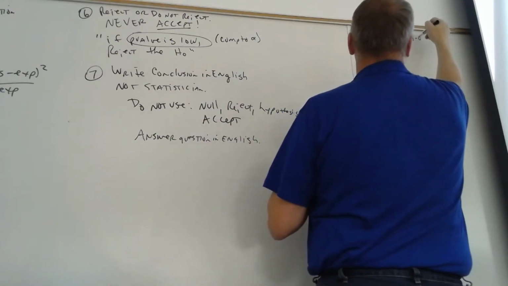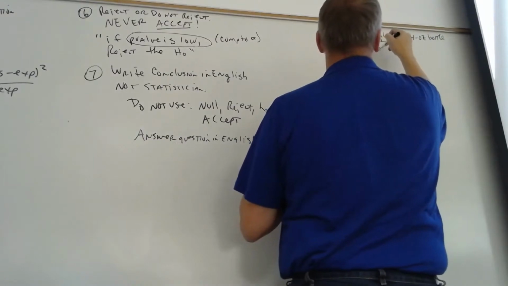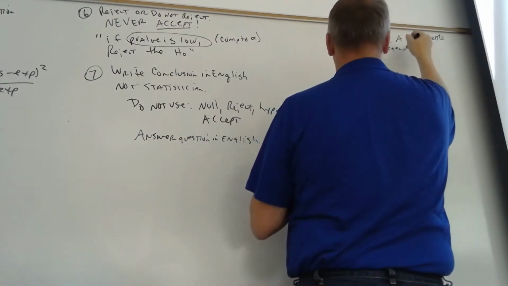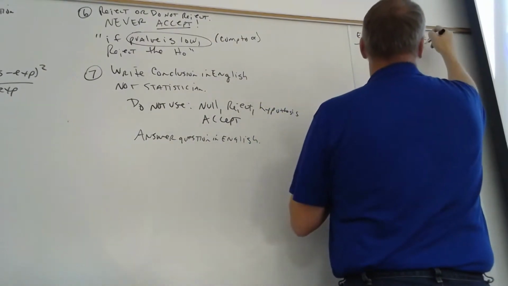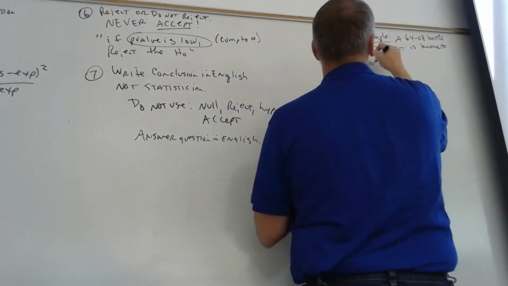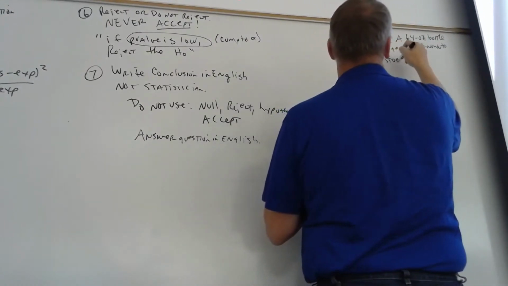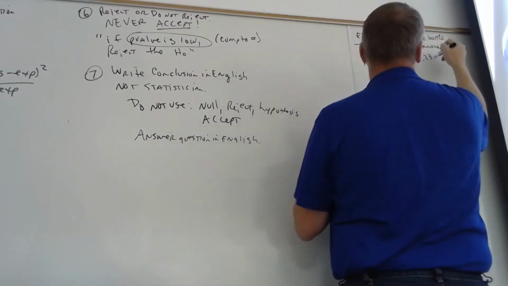Example. A 64-ounce bottle of detergent is known to have standard deviation of 0.23 ounces.